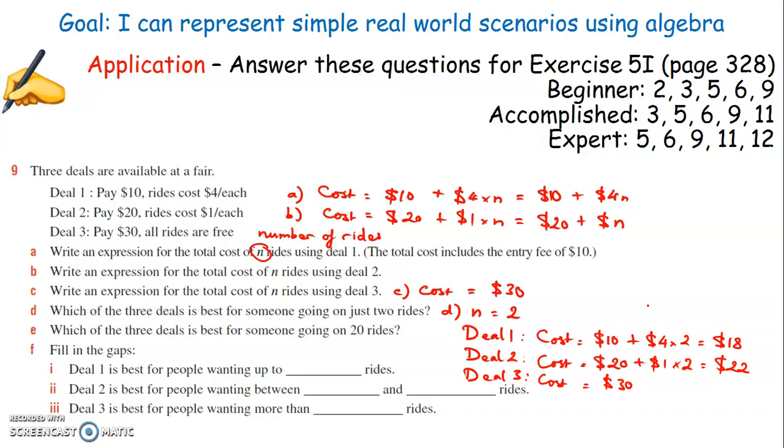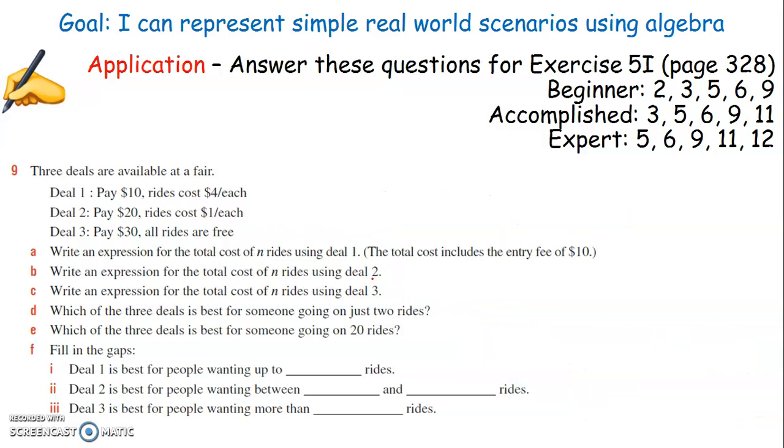Okay, so comparing these 3 deals, we can see that the best deal is deal number 1, for this person. So you can see here that algebra can be useful for us to make decisions, like what is the best thing we can get.